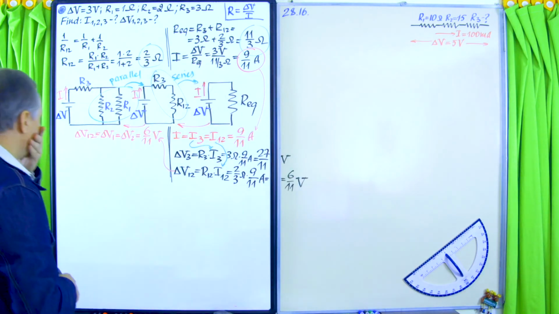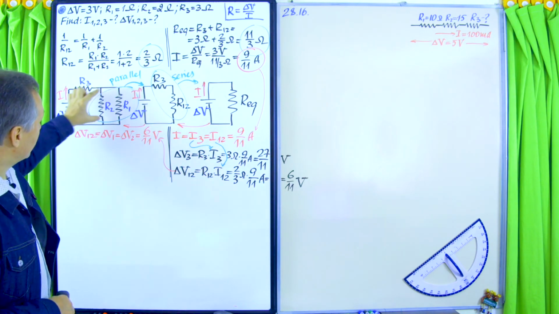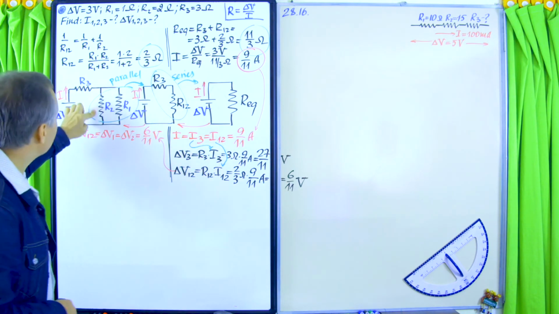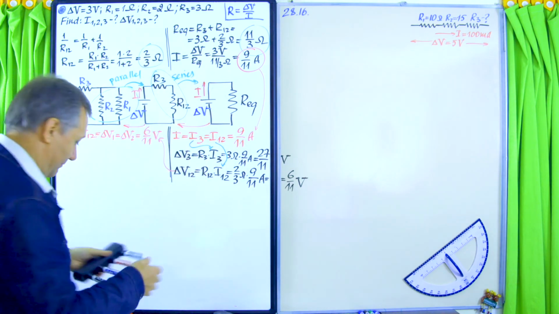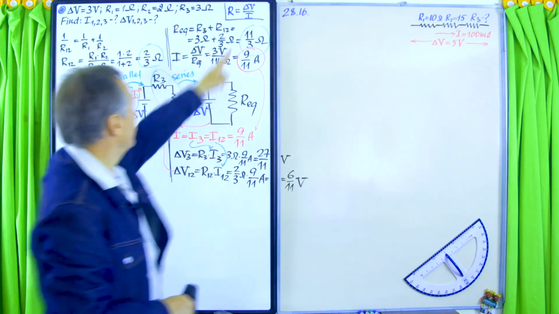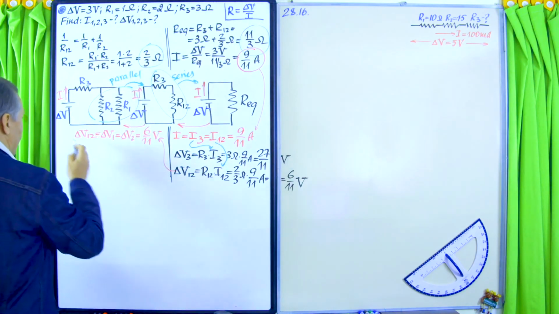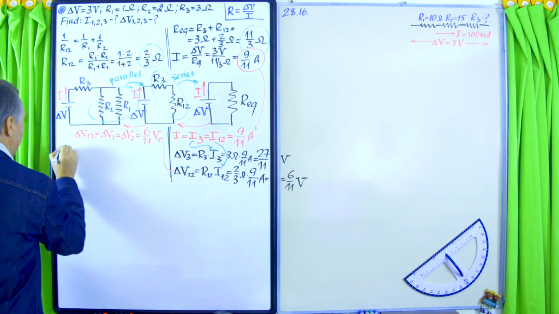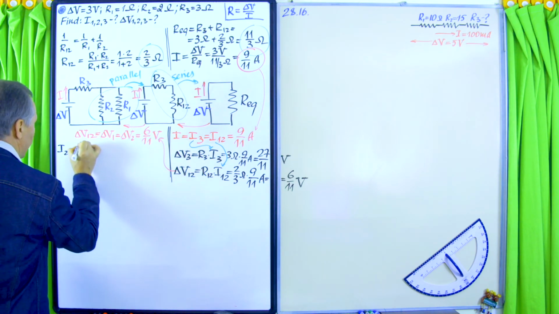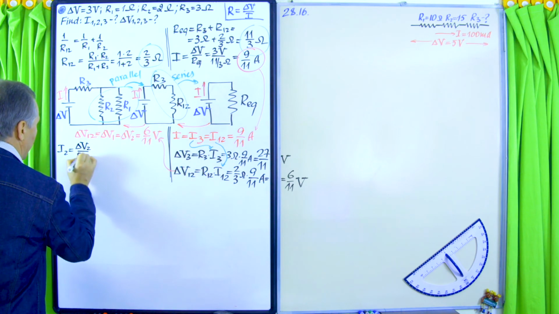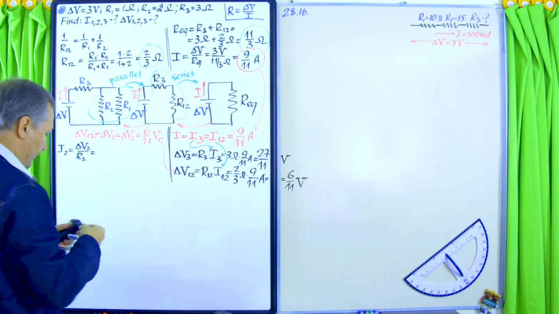Okay, and now we know the voltage drop, the potential difference across the second resistor. We know its value R2, so we can find the current, again using Ohm's law, but now it will be delta V divided by R. So I2 equals delta V2 divided by R2. Delta V2, again, comes from the bridge.